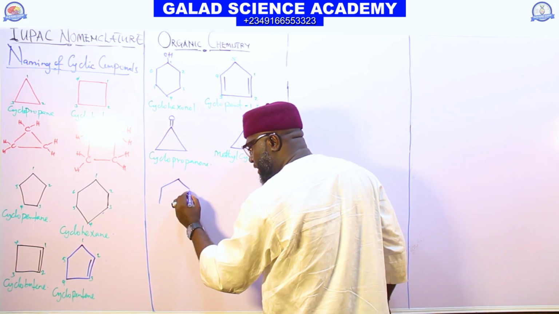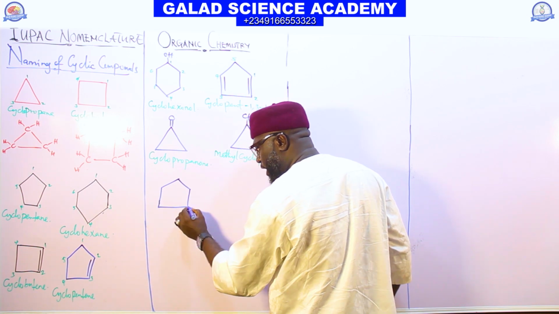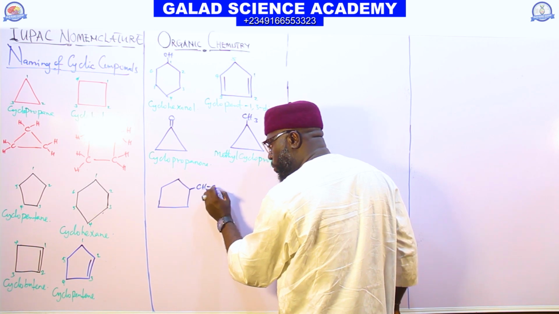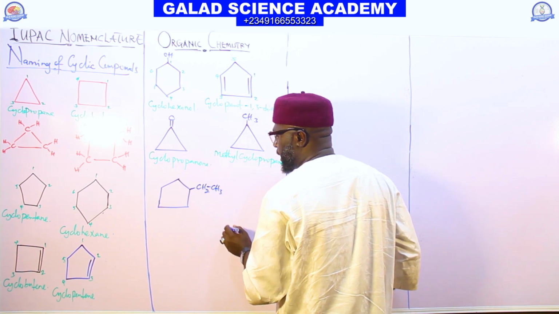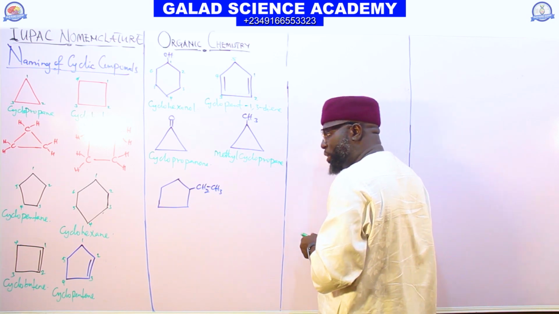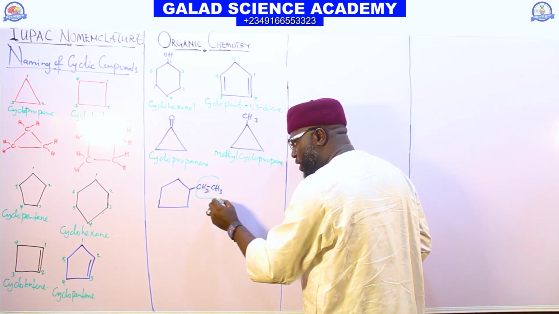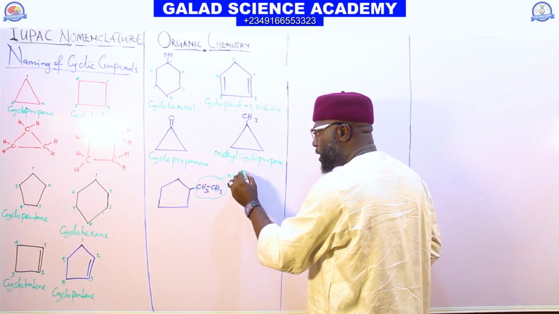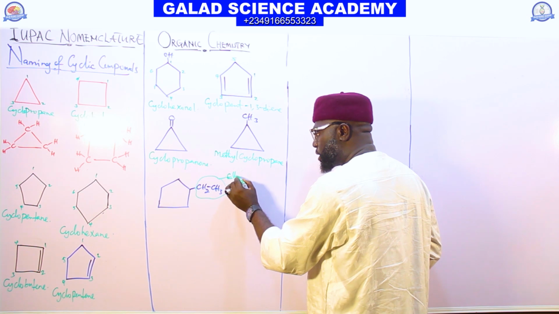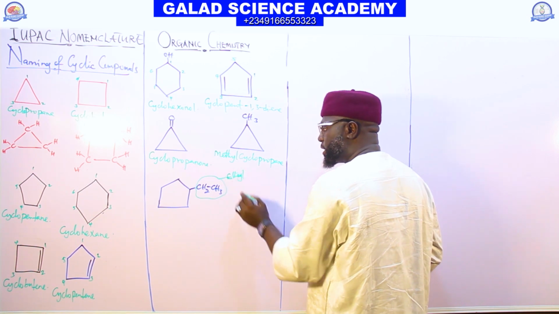5-sided cyclic compound bonded with CH2, bonded with another CH3. So if you look at this side, the compound we have there, they are called ethyl.